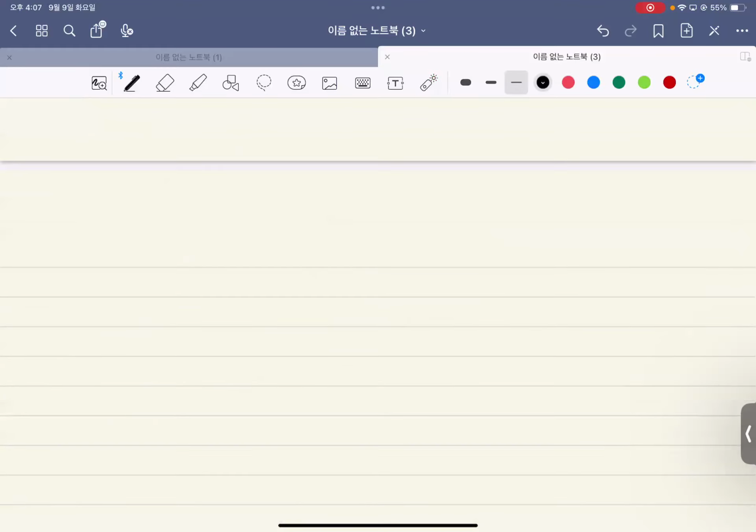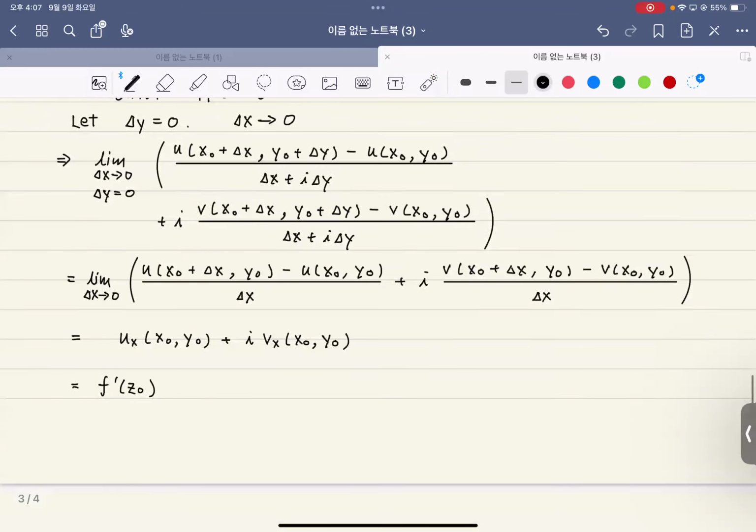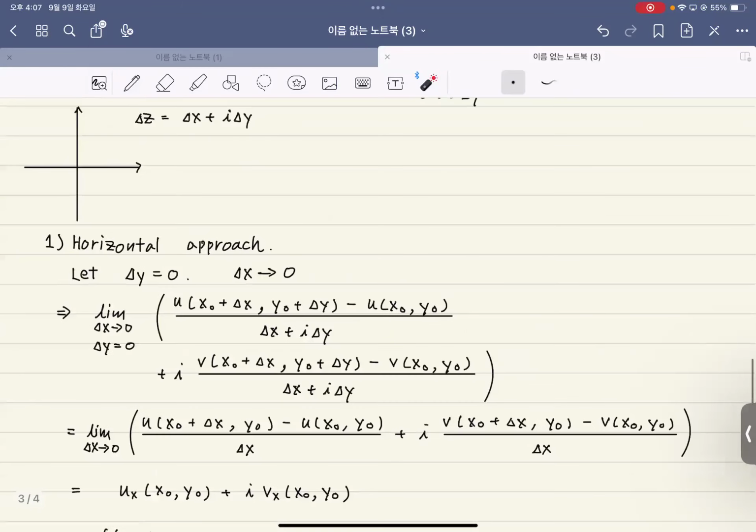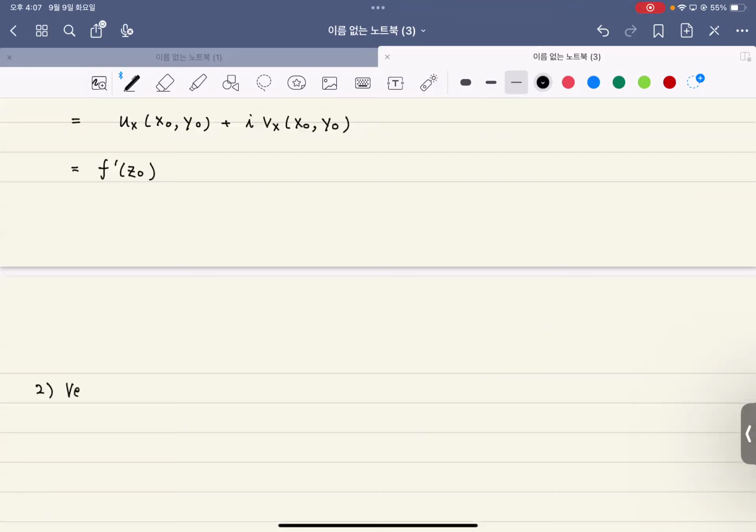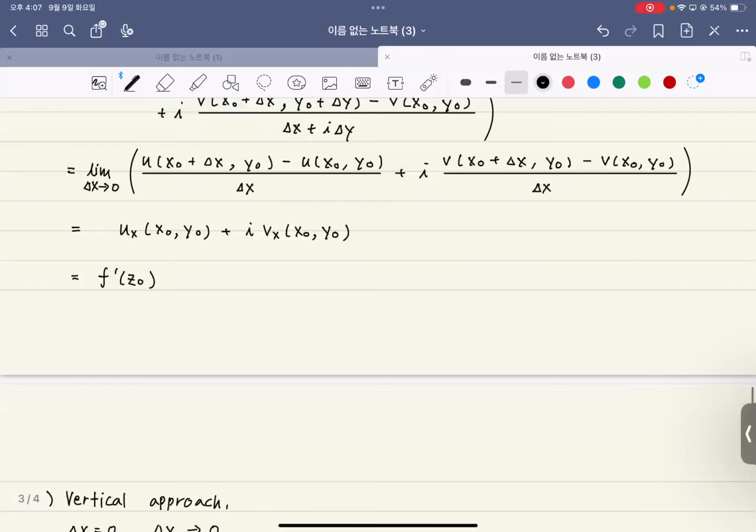Next, this time around, instead of taking the horizontal approach, I will take the vertical approach to the origin. So taking the vertical path. This time, delta x should be 0, and delta y is tending to 0.